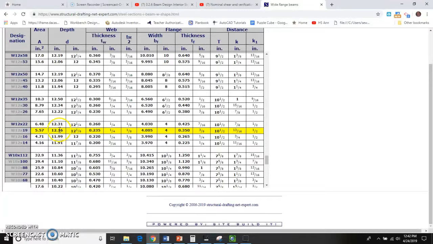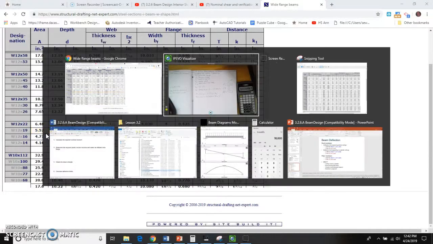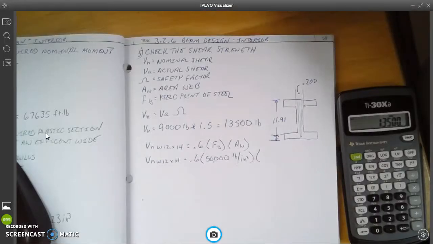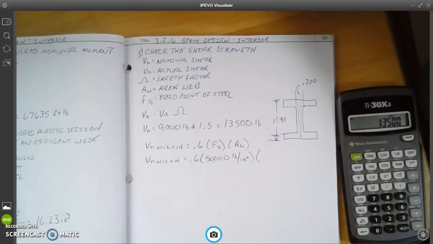You'll see that in a second when I get back to the picture. And then the overall depth is right here, and that is 11.91. So I'm going to write 11.91 on here. And I'll go back to my calculation so you can see what I got. So the web is 0.2 wide and the overall height of the beam is 11.91.